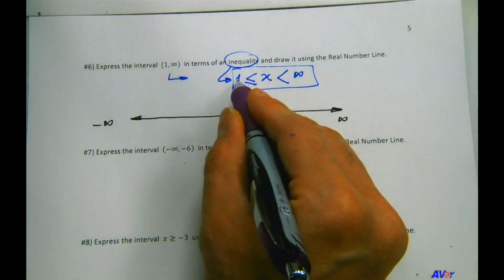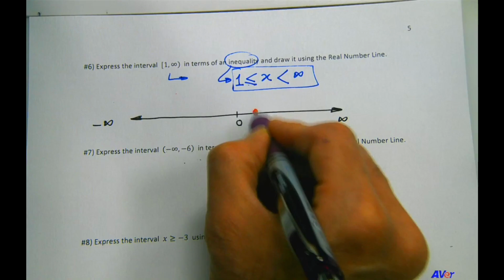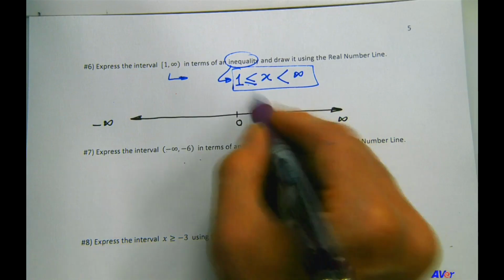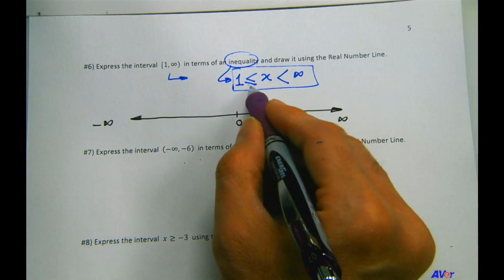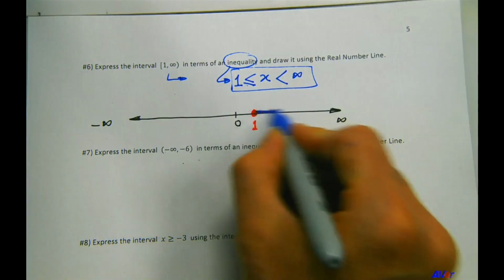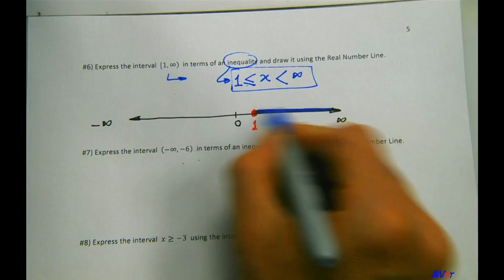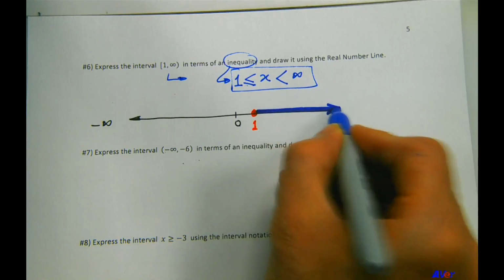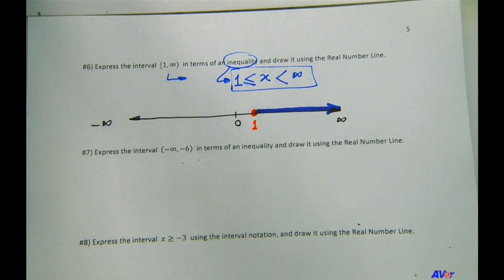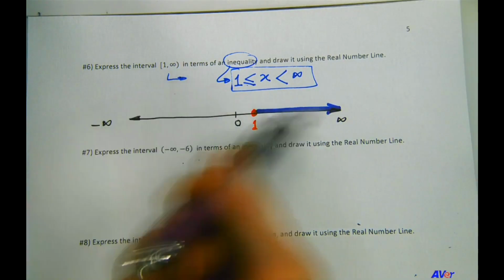X can be equal to 1, so I'm going to fill it in like that, and anything greater than 1 all the way to infinity. So I'm going to use my thicker marker here and show the solution like that. So including the 1 is the solution in graphical form.